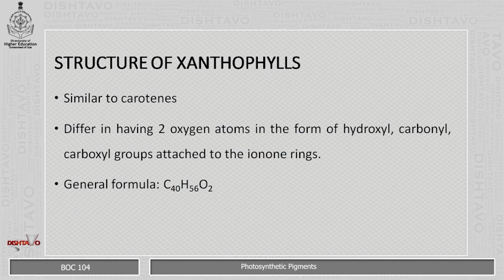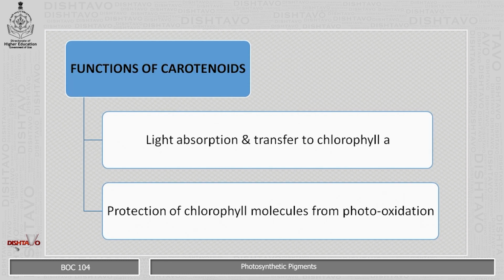Structure of xanthophylls: the structure of xanthophylls is quite similar to that of carotenes, but they differ in having two oxygen atoms in the form of hydroxyl, carbonyl or carboxyl groups attached to the ionone rings. The general formula of xanthophylls is C40H56O2.